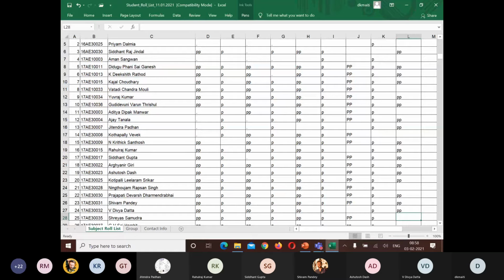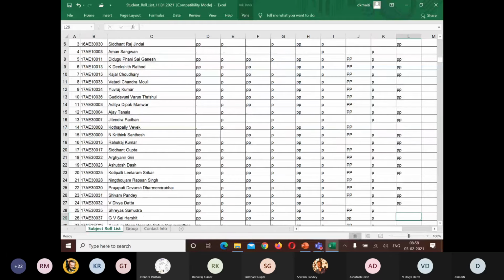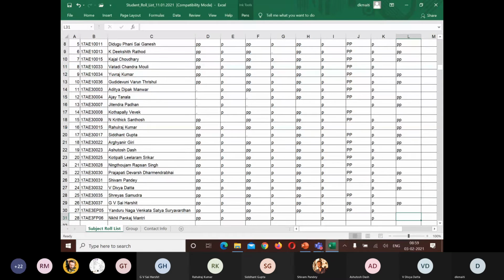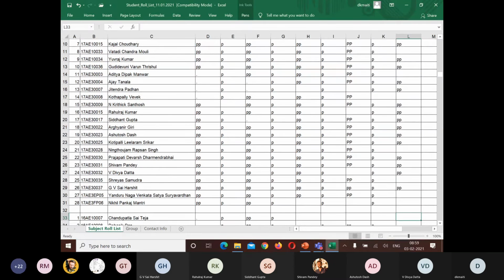Shreya Samudra. GB Sai Harshit, present, sir. Venkat Sotto Suryavardhan. Nikhil Pankaj Mantri. Chandupatla Sai Teja, present, sir.